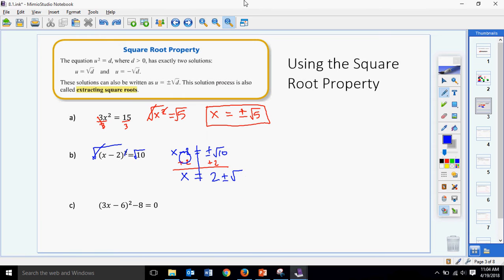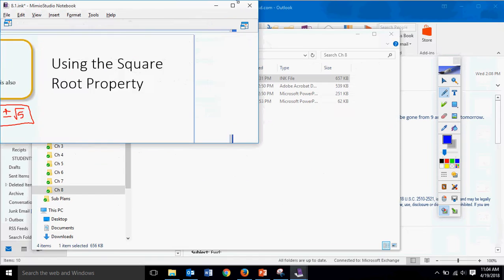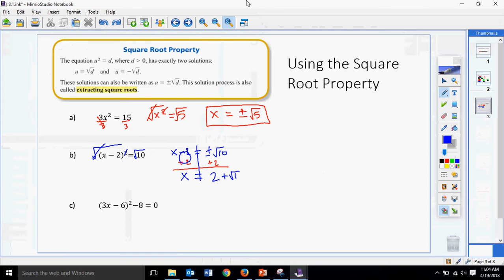So you can write it two different ways. You can write it 2 plus the square root of 10, and then the other solution, x equals 2 minus the square root of 10. Both are true. I like just doing one and saying plus or minus. So I do 2 plus or minus the square root of 10.